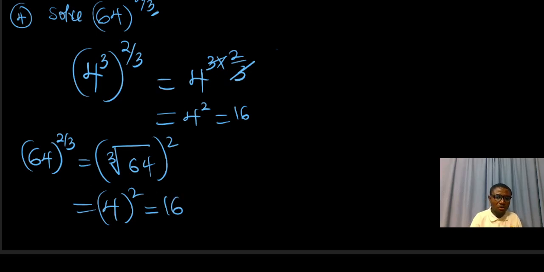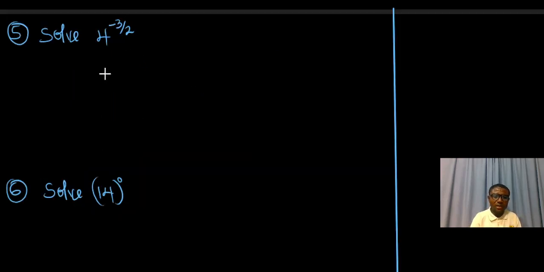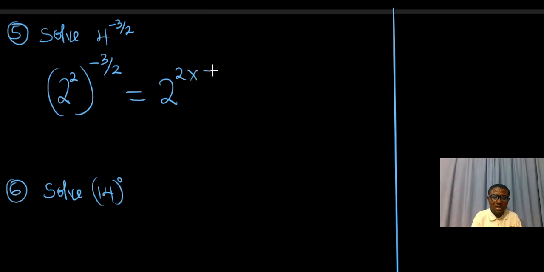Okay, so the next one, number 5, we are asked to solve 4 to the power of negative 3 over 2. We can rewrite this as 2 raised to the power of 2, then negative 3 over 2, and this will give us 2 to the power of 2 times negative 3 over 2.